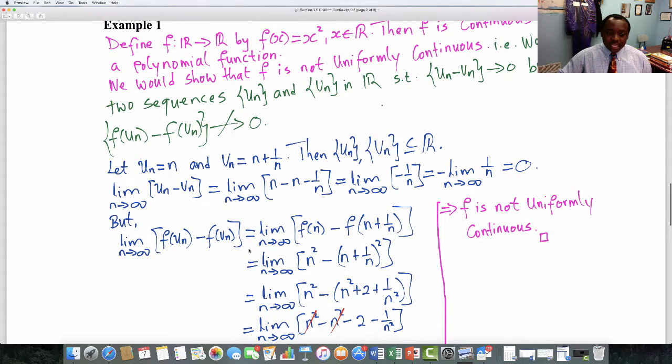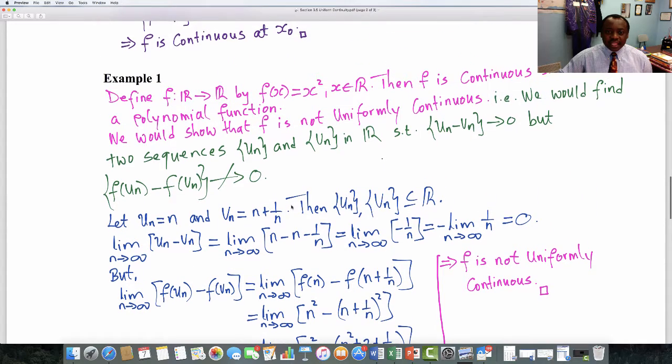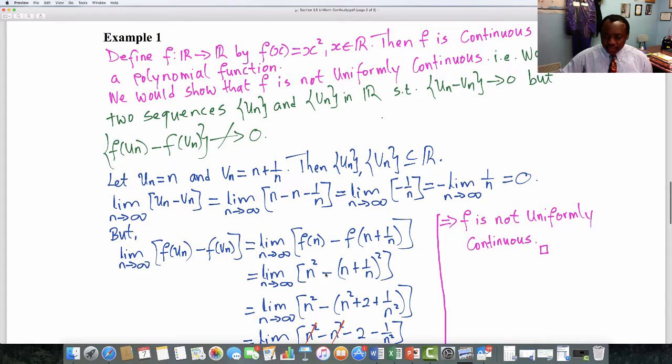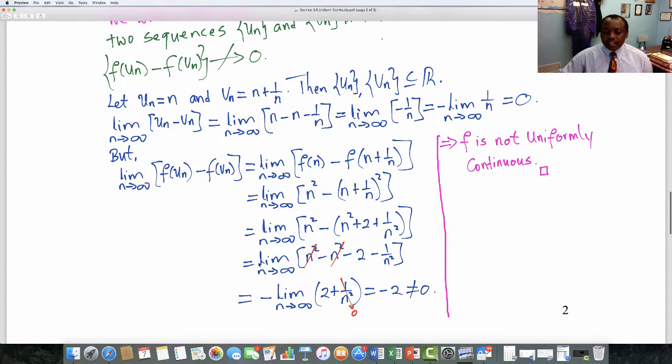But the limit as n approaches infinity of f of un minus f of vn would be the limit as n approaches infinity of f of n, because un equals n, minus f of n plus 1 over n, because vn equals n plus 1 over n, and using the fact that f of x equals x squared, that gives us n squared minus n plus 1 over n, all of that squared, and simple expansion, we end up with the limit as n approaches infinity of n squared minus n squared minus 2 minus 1 over n squared.